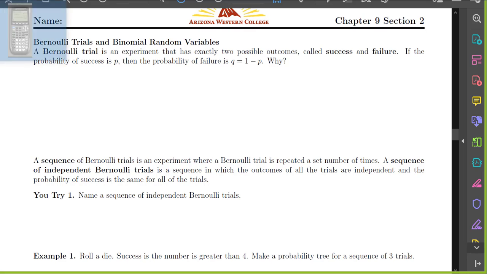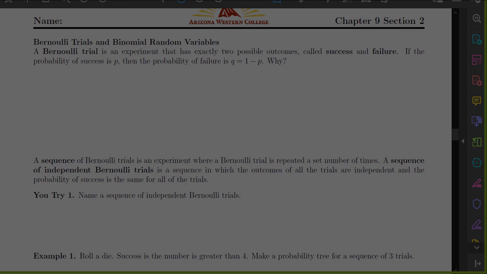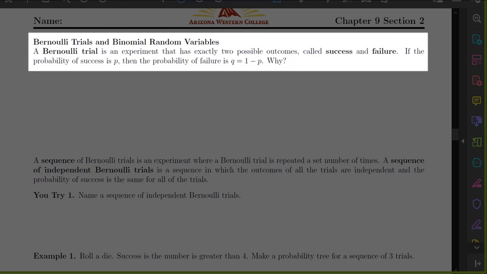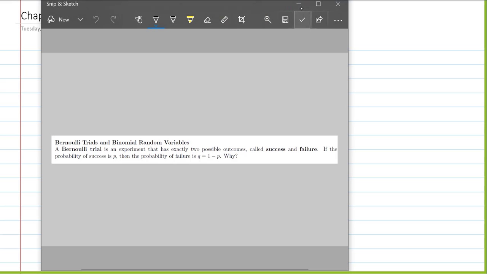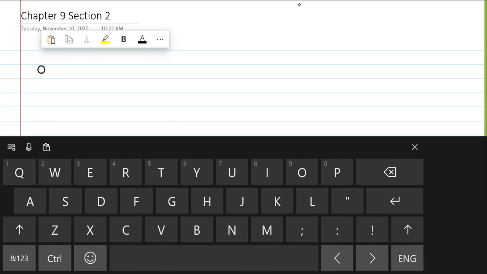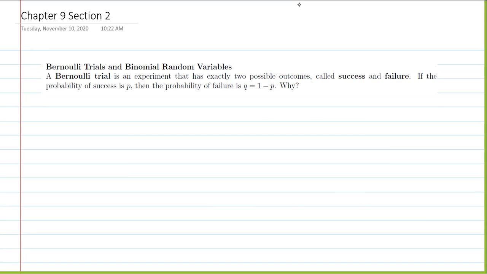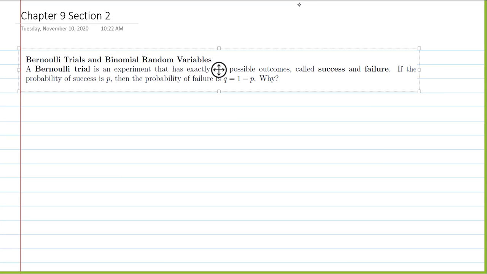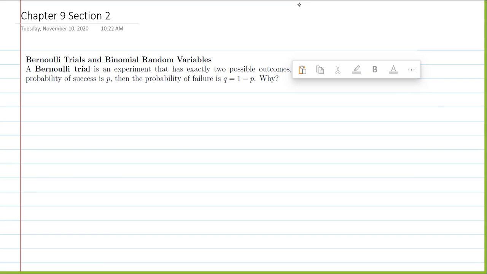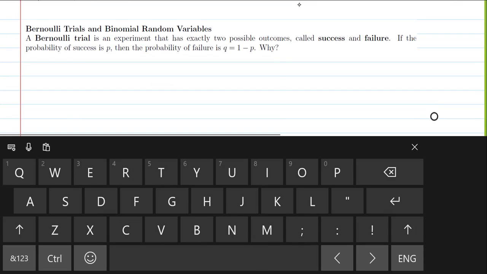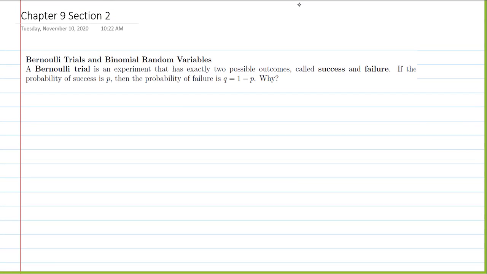So a Bernoulli trial is an experiment that has exactly 2 possible outcomes, called success and failure. So if the probability of success is p, then the probability of failure has to be q is 1 minus p. Why?